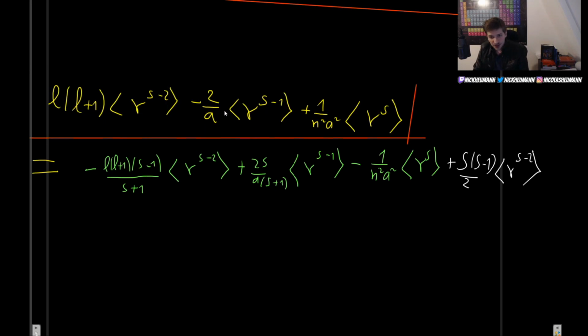And this is already our final expression. Now all we have to do is use some algebra to simplify this a little bit, to find some way to write this down in a compact manner. But in principle, we are already done. This is already a relation between the different powers of the expectation values of R for the hydrogen atom.